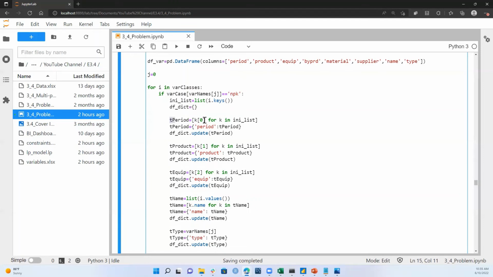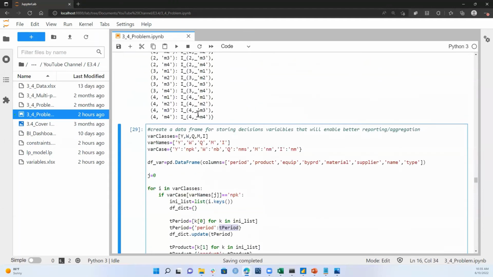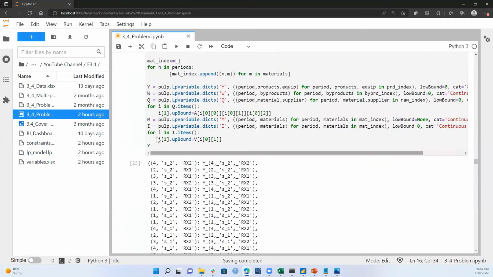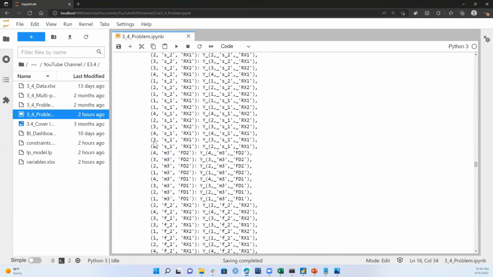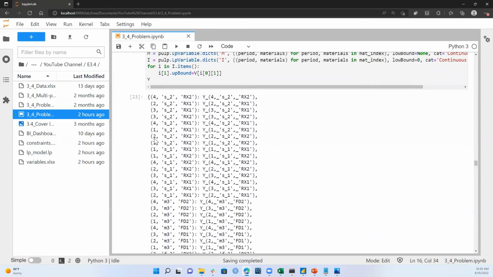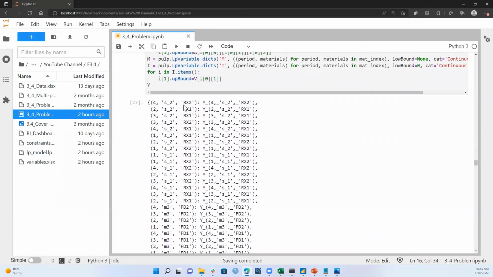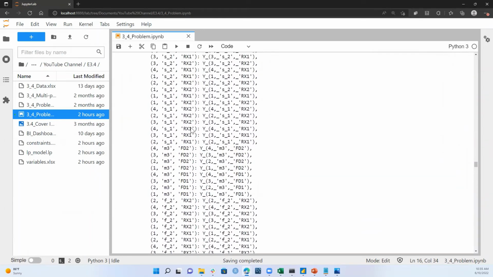We're going to create a list called t period and then create a dictionary and key that off of period with each of these initial periods. So we'll have a dictionary period, and then we'll have these first elements in that dictionary. And then we're going to do that for the variable name and for the process or equipment.